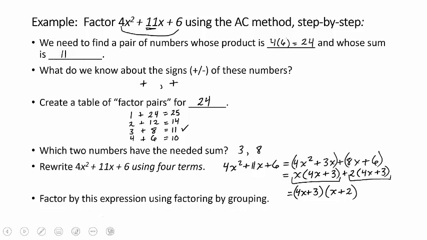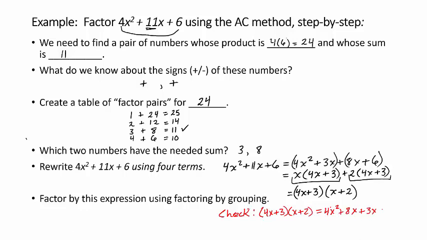Now, you know me, I always like to check these. So in order to check this, I have to do the foiling back through, right? So 4x plus 3 times x plus 2, and 4x times x is 4x squared. 4x times 2 is positive 8x. 3 times x is 3x.